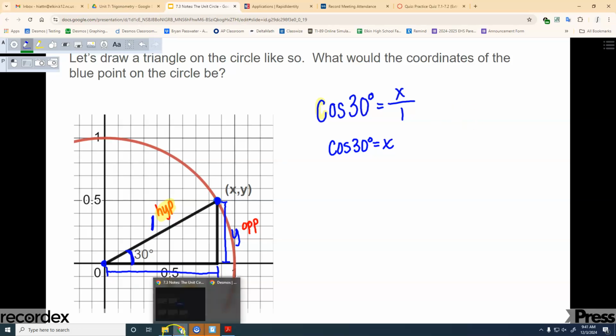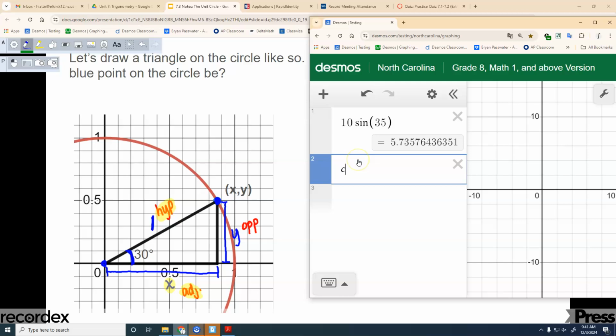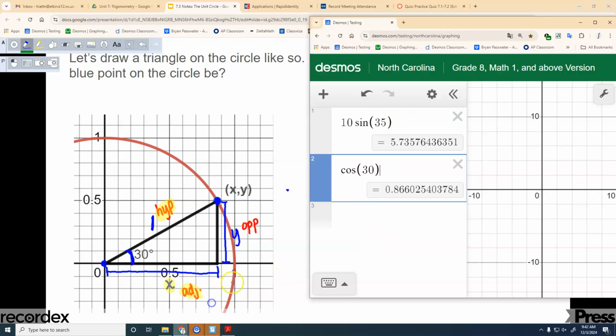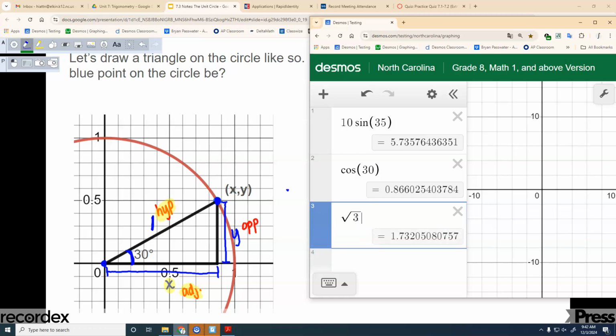So I'm going to go over to Desmos and type that in. And I get 0.866. Okay? Now, because I know something that you don't probably remember, I know that this is a special value that could also be written as the square root of 3 over 2. Right, if I type it into Desmos to prove it to you, square root of 3 divided by 2 also equals that same decimal, right?